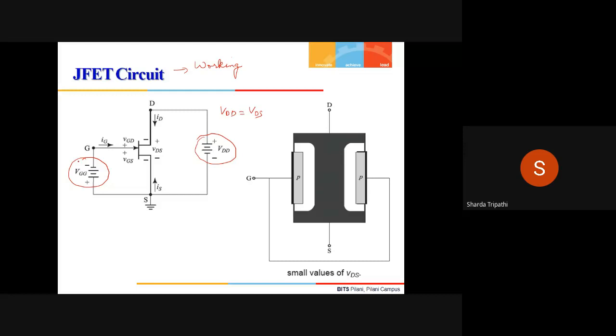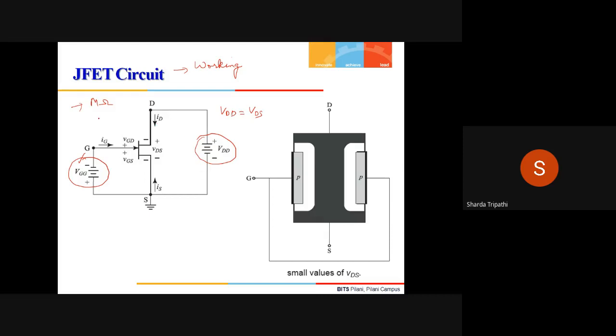So why is this VGG negative over here? Because first of all, we said that the input impedance of JFET is very high. So if the input impedance is very high, even if you apply the positive voltage, it will not make any difference to the input current. Because if the input impedance is on the order of mega ohms, then to make current flow across it, you have to apply voltage which should be on the order of thousands, and applying such high voltage to electronic devices is not possible.